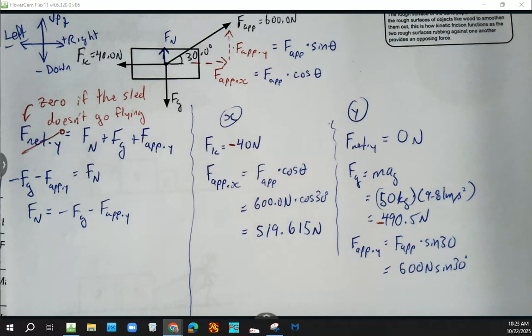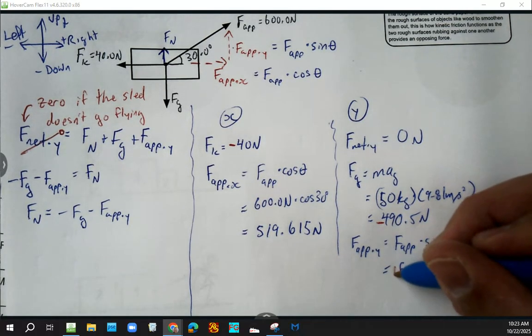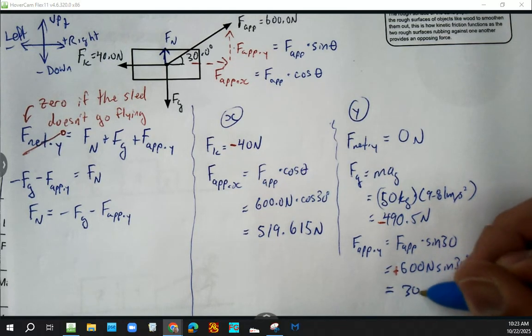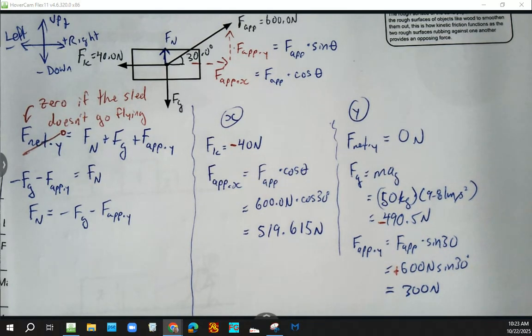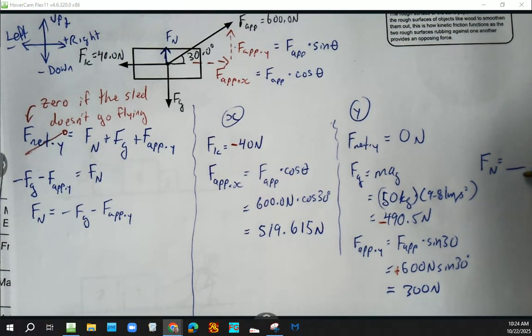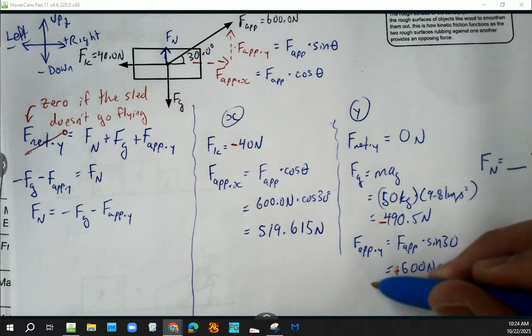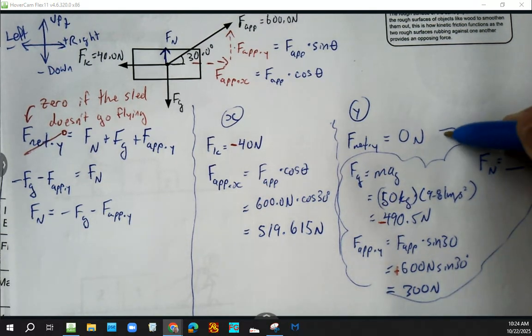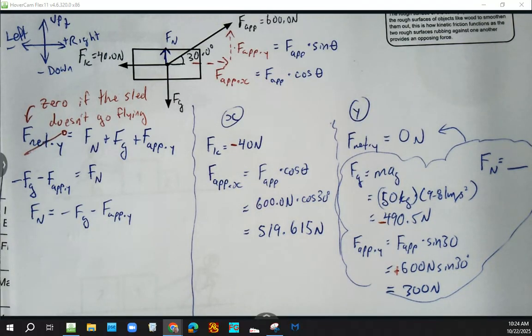Force due to gravity is negative. F applied by mom is positive. And sine 30 is a half. Half of 600 is 300. So 300 newtons. But we're saying that this plus the F normal, which we don't know yet, those guys are all going to add up to 0 for kids that don't fly into the air. Okay?